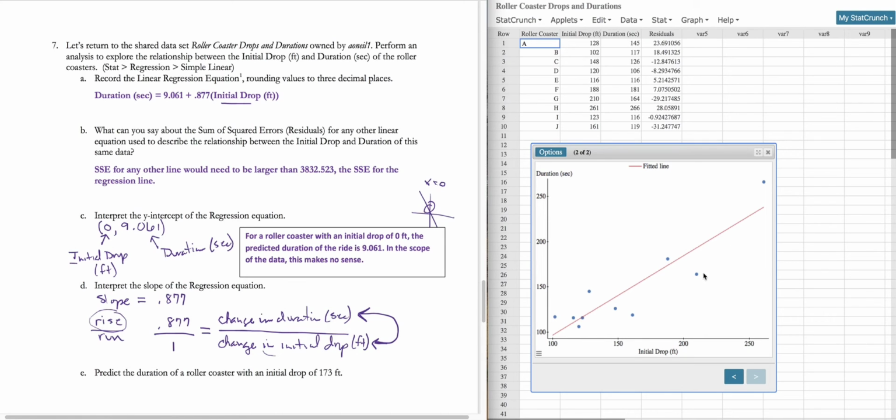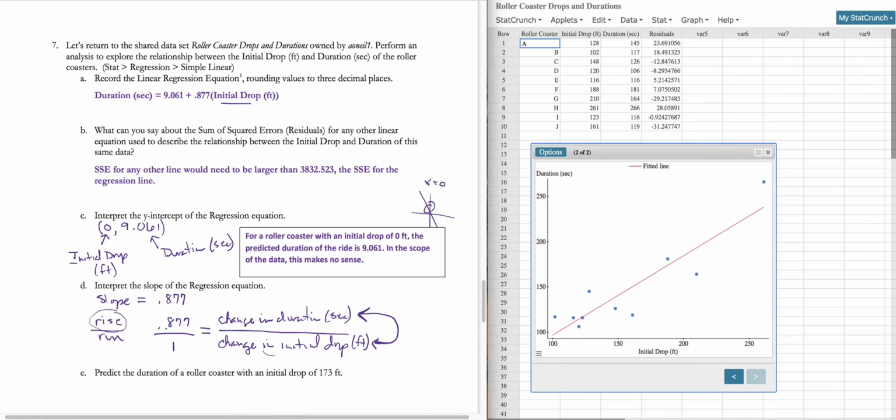And if we apply that to this graph over here, trying to move a horizontal distance of 1 foot really doesn't relate to the scope of our data. Trying to move up a distance of less than 1 second really doesn't apply to the scope of our data. So I think before we give our interpretation, a change in units will be needed.